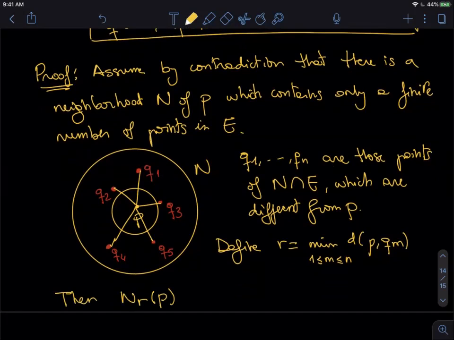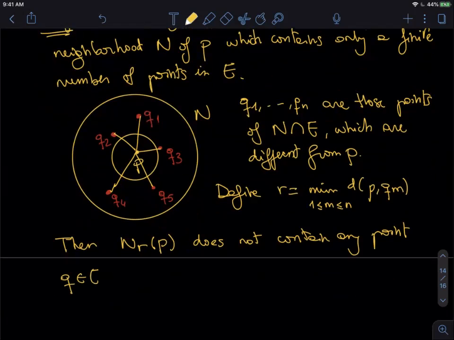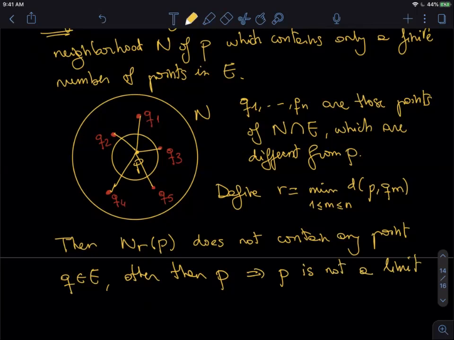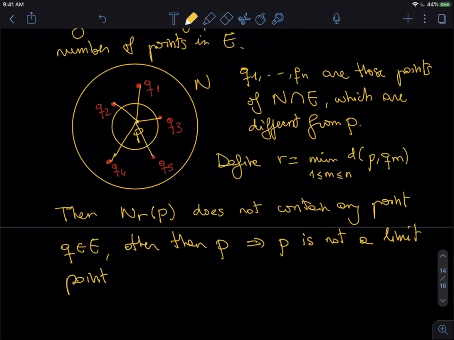And then this neighborhood does not contain any point Q of E other than P. So that means this goes against the definition of P as a limit point, and we have a contradiction. So we are done.